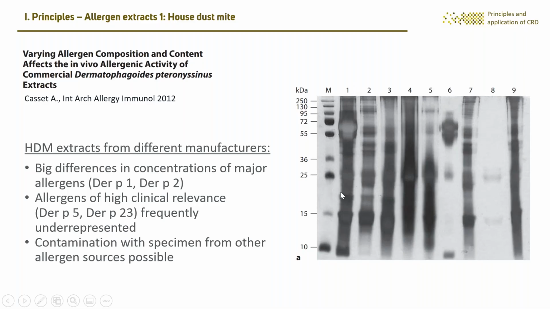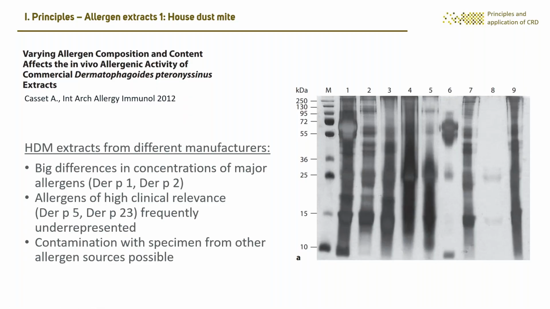And here on this protein gel, what you see at the first glance is that these extracts are of considerable heterogeneity. While some seem quite nice and complete, like number 2, for example, and also number 7, others like number 6 or number 8 appear almost empty.